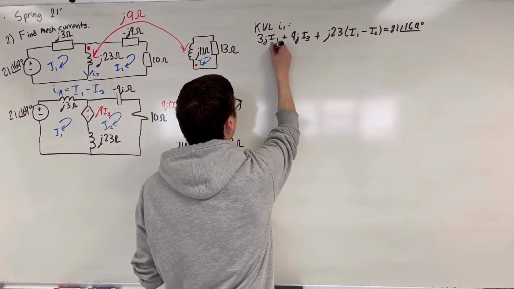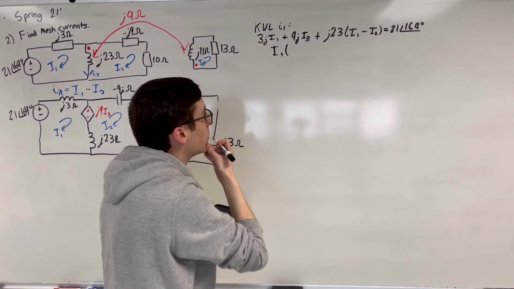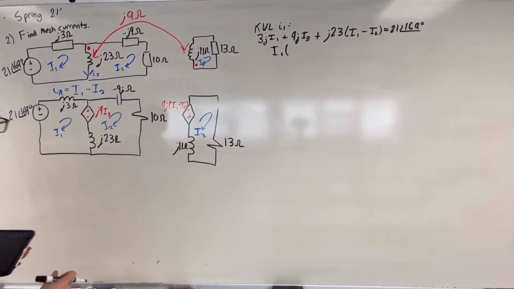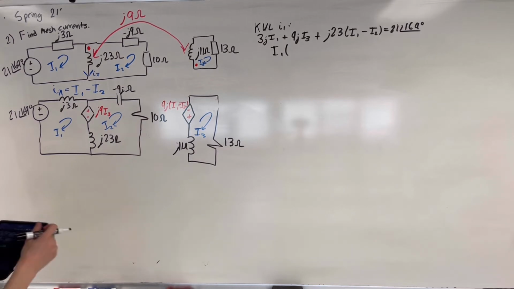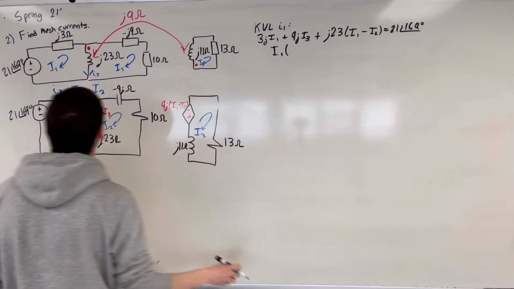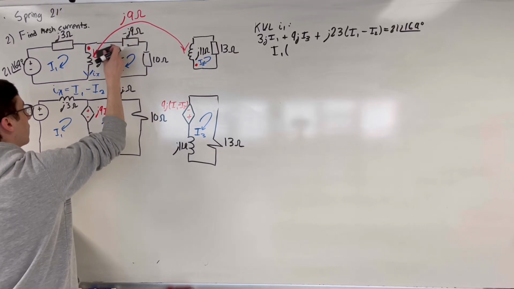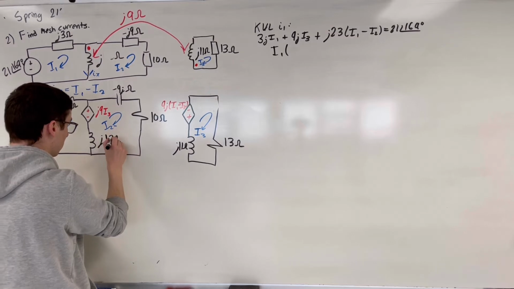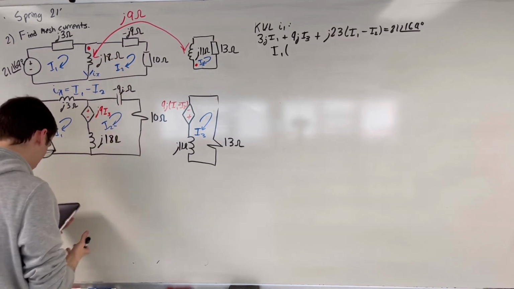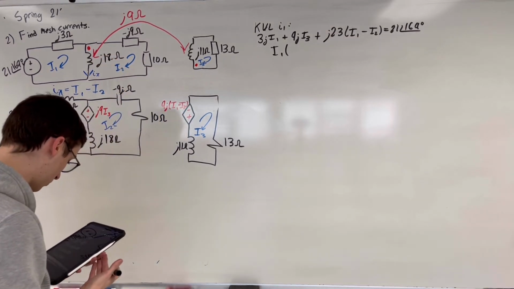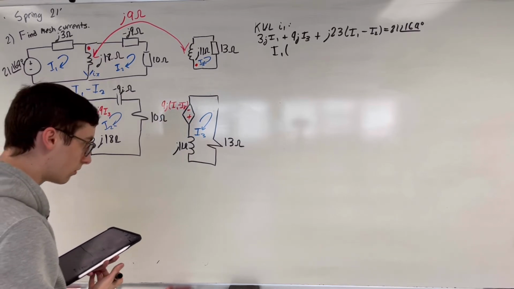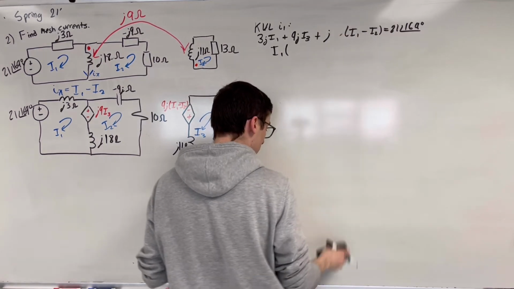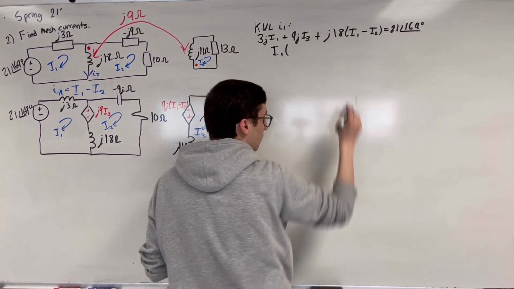So we're going to have I1 times 26. No, hold on. Oh, I wrote this down wrong. I am so sorry. This is supposed to be 18. So instead of this being j23, this is supposed to be j18.